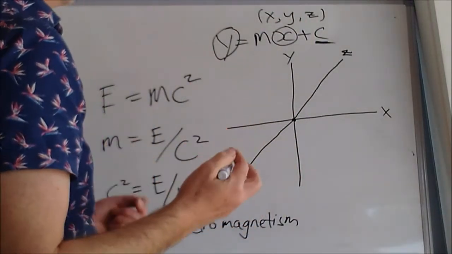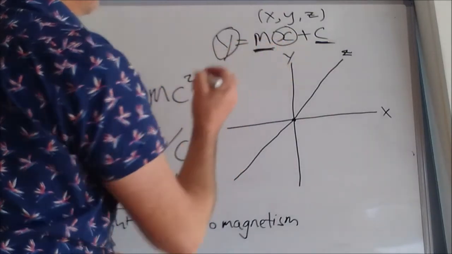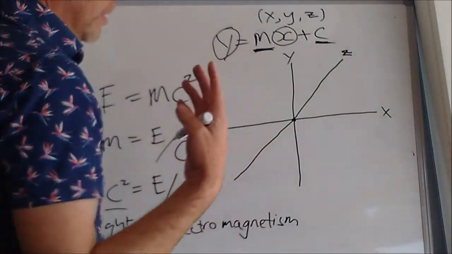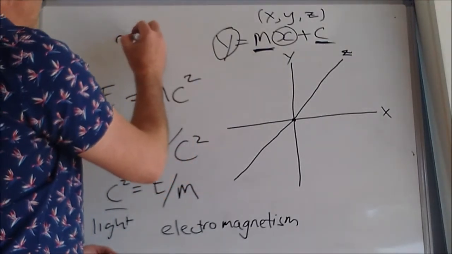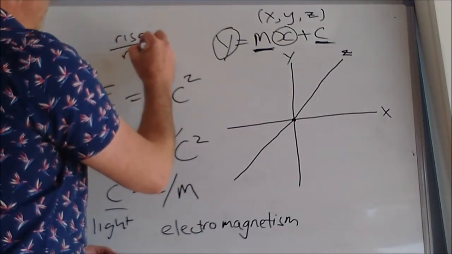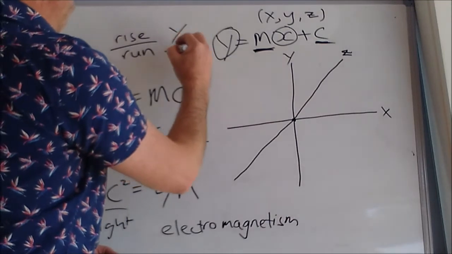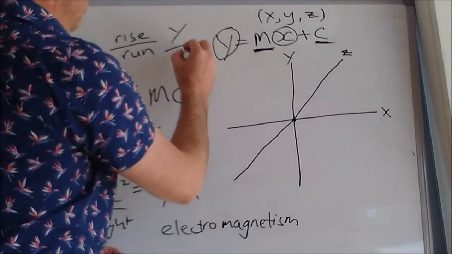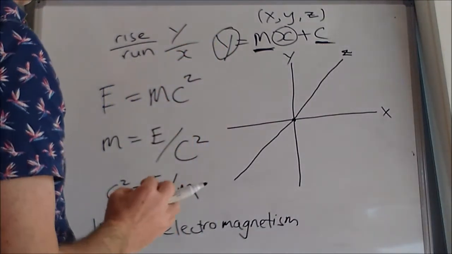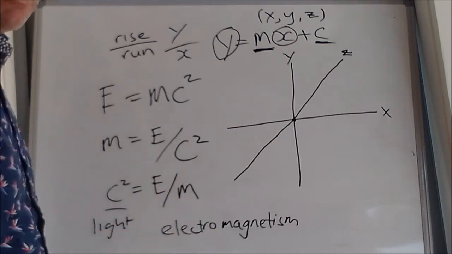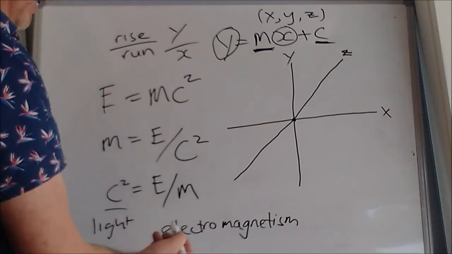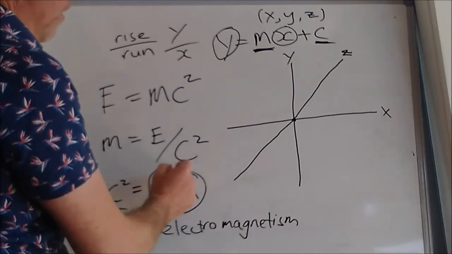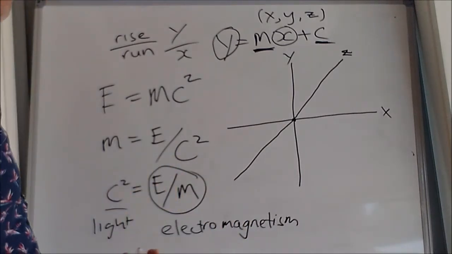Okay, so this m in a straight line is known as rise over run, or y over x. In the mathematical formula of light equaling electromagnetism, we have E divided by M.